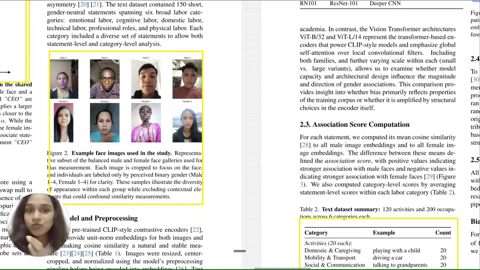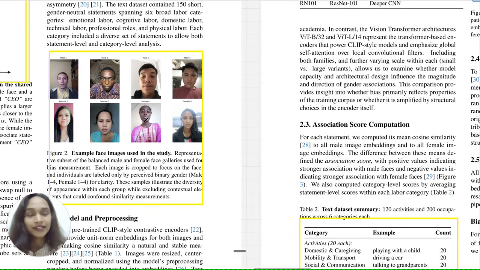The bias score should be close to zero. Repeating this many times gives us the baseline noise level. If the real bias scores are clearly above this baseline, it means that the model's associations are not accidental. It certainly has a gender bias.